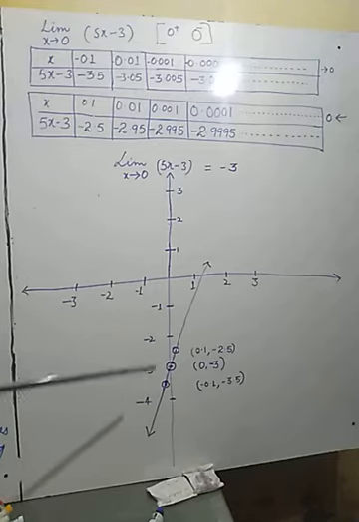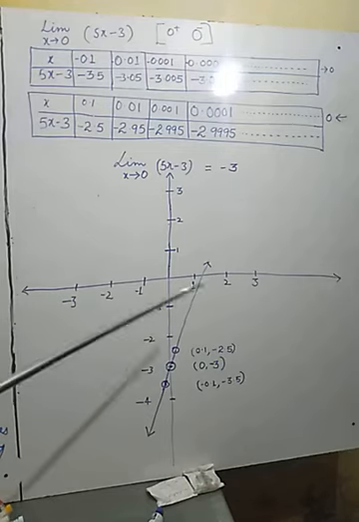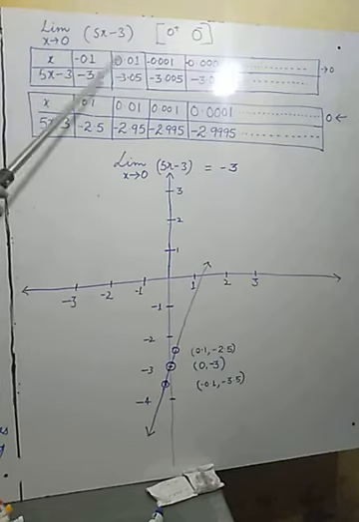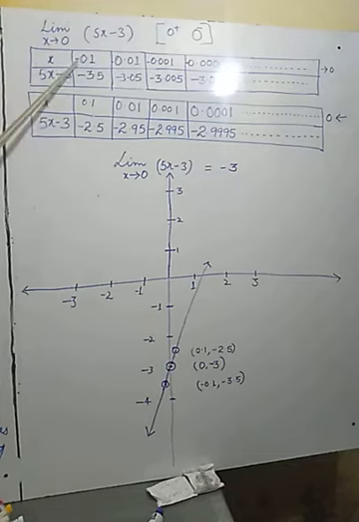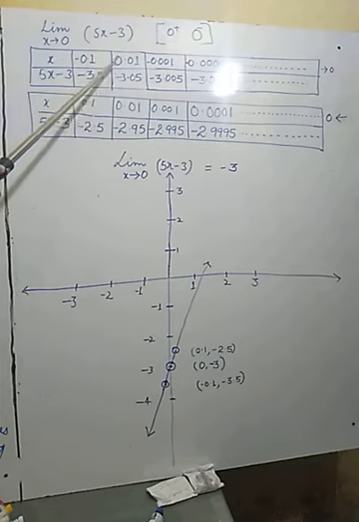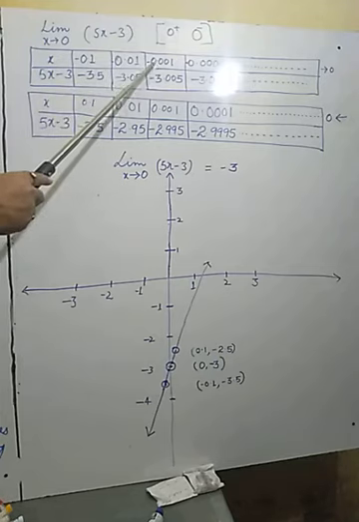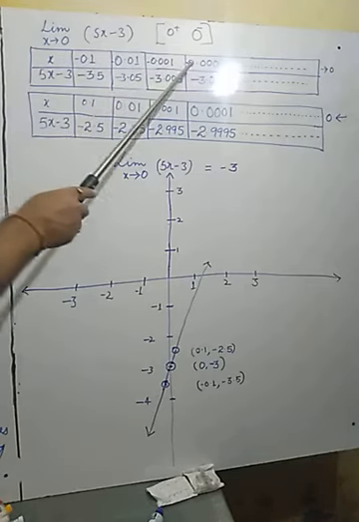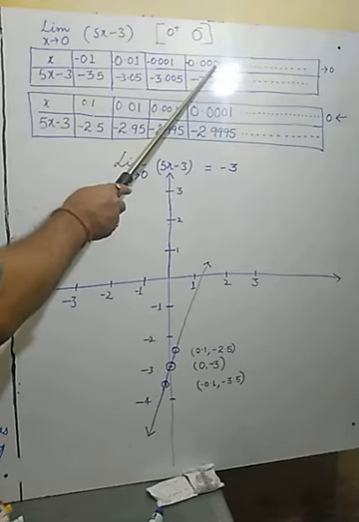Observe, when the value of x is taken less than 0, we take minus 0.1. The second value approaching 0 will be minus 0.01, the third value minus 0.001, and the next value minus 0.0001.